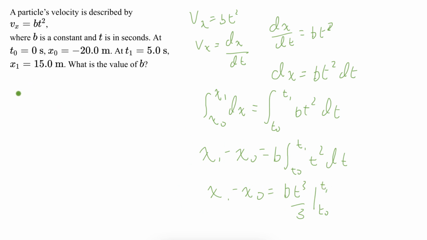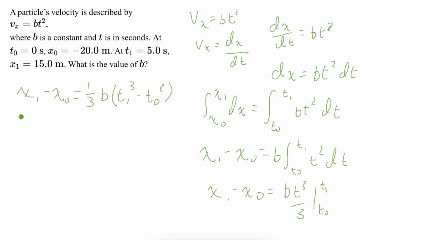So the left side simplifies to the final position minus the initial position, and we're going to set that equal to 1/3 of b times the final time cubed minus the initial time cubed. And then we can just plug our values in.